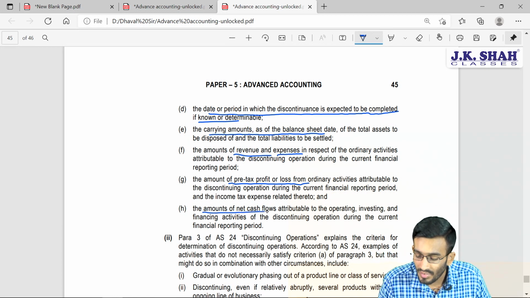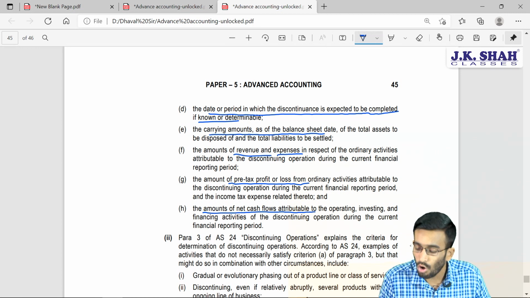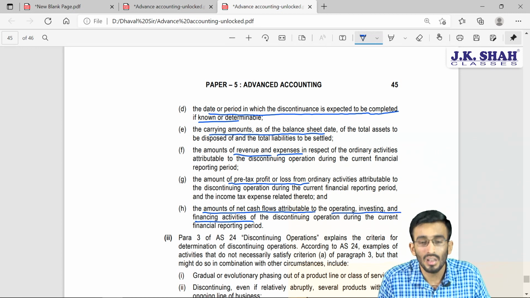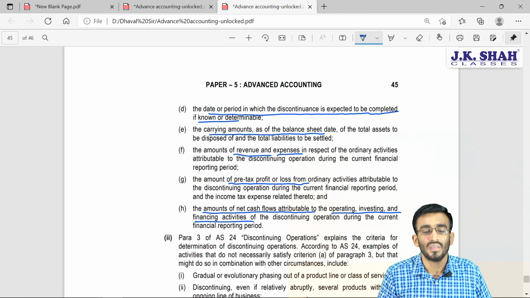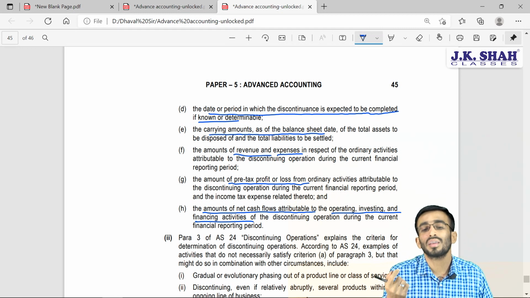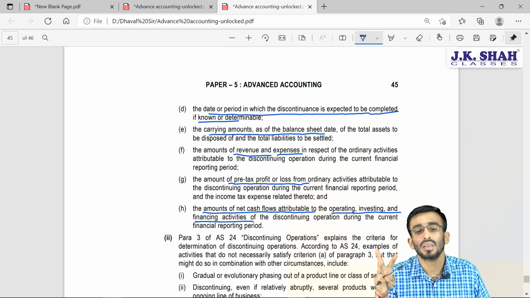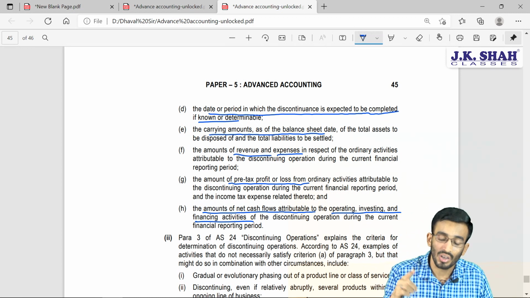Then the amount of net cash flows attributable to operating, investing and financing activities. Even in the cash flow statement based on AS3, there is a separate requirement of disclosing the cash flows from operating, investing and financing activity from discontinuing operation.